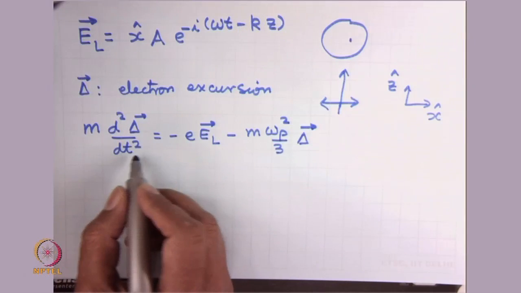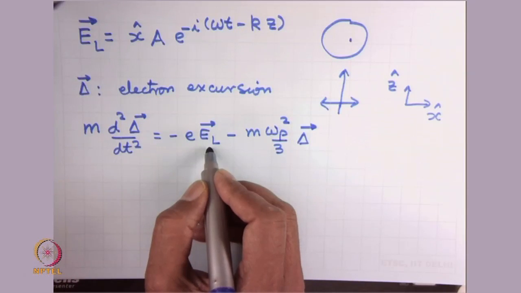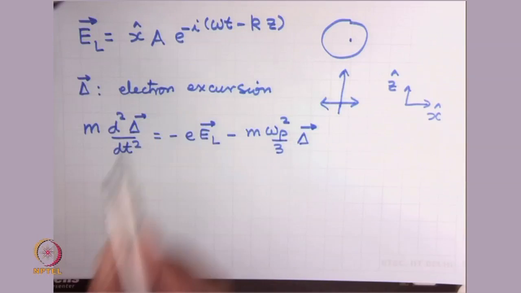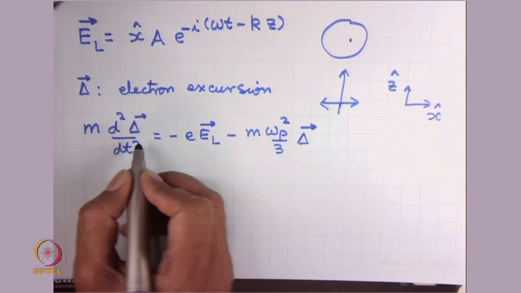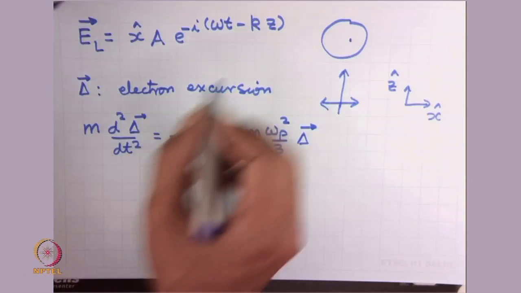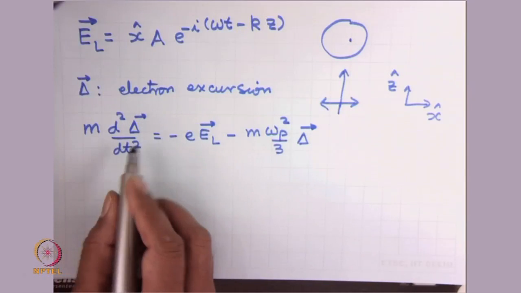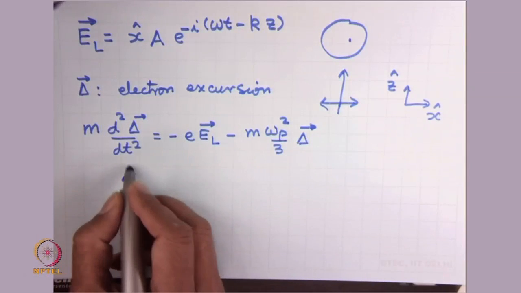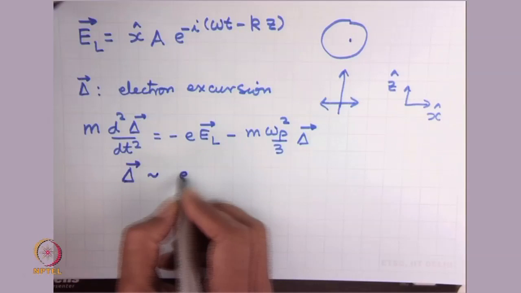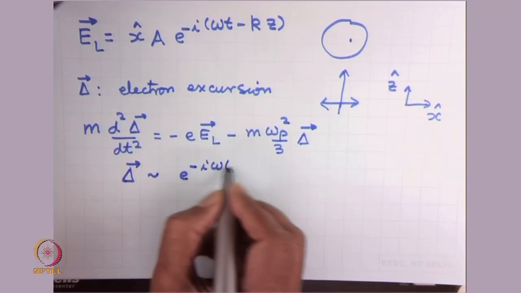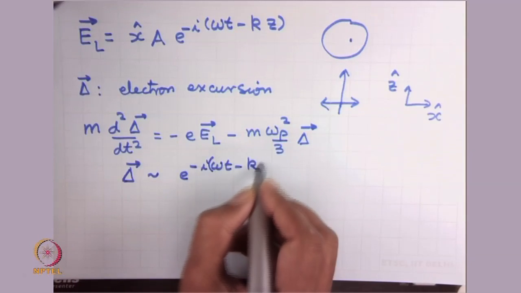This equation can be solved easily because the electric field goes in time as exponential minus i omega t. So, in the quasi steady state, delta should also behave in the same manner with time, and you can take delta to vary as exponential of minus i omega t minus kz also.